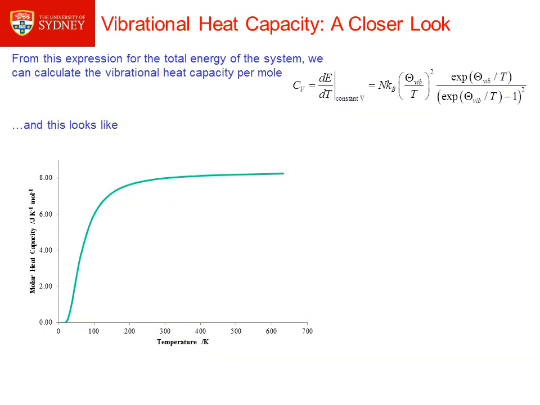From this expression for the total energy of the system, we can calculate the temperature dependence of the vibrational heat capacity. For 1 mole, again, N equals Avogadro's constant, and this looks like this. Heat capacity is the derivative of energy with temperature, so it goes from 0 below the characteristic temperature to a constant value above the characteristic temperature, just like the gradient of the energy graph.